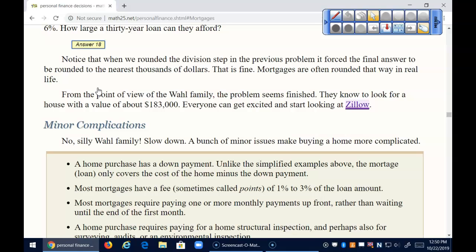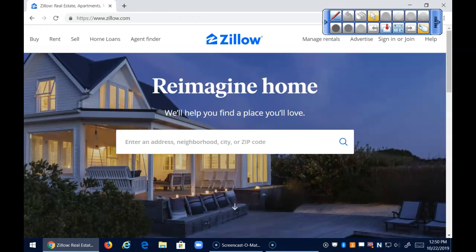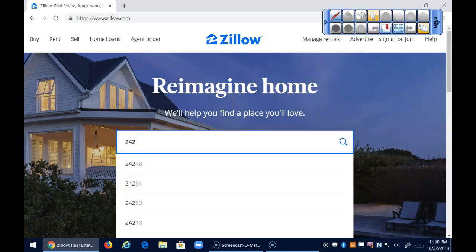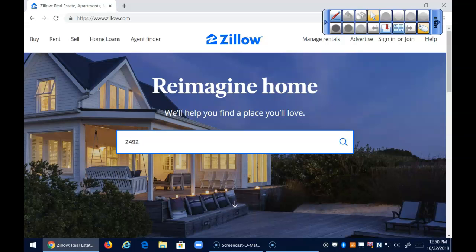Yeah, so Zillow, somebody give me their neighbor's address so I don't have to reveal your own address. 2492 West Irving Way, Eugene, Oregon 97402. I'm just guessing on the last two.